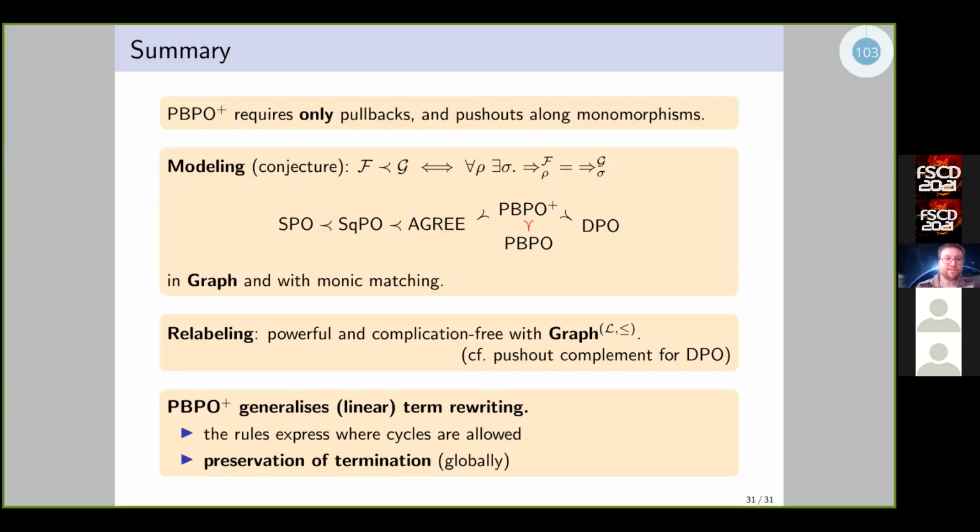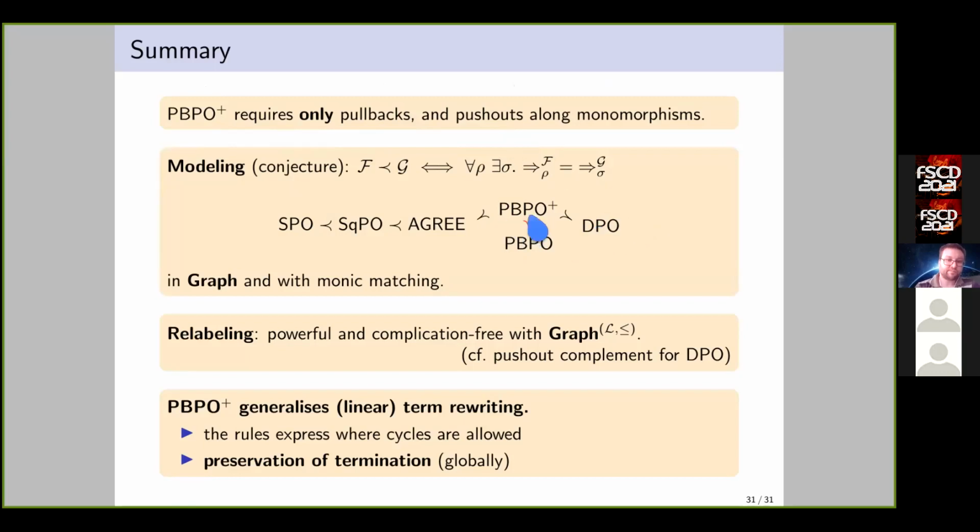So to summarize, we think that PBPO is a very nice framework for graph rewriting. We think it's much simpler than the predominant approach DPO, because the double pushout needs these pushout complements, which are really troublesome objects and introduce heavy restrictions. We only have pure pullbacks and pushouts along monomorphisms, so we have very simple ingredients in this method.